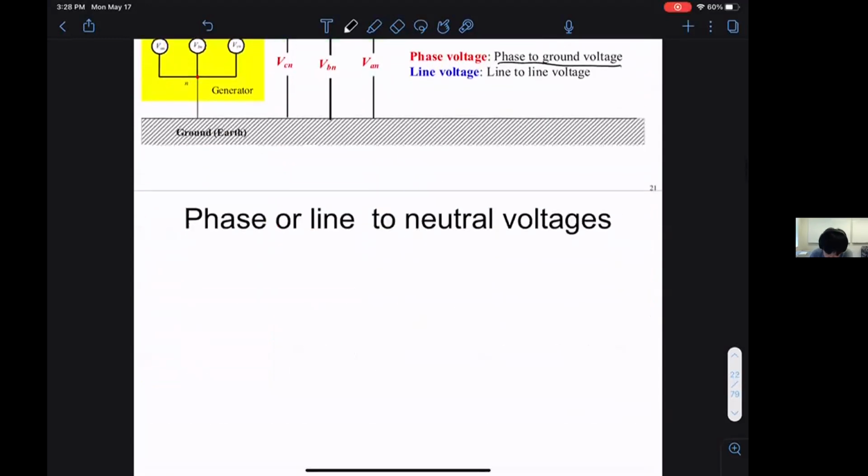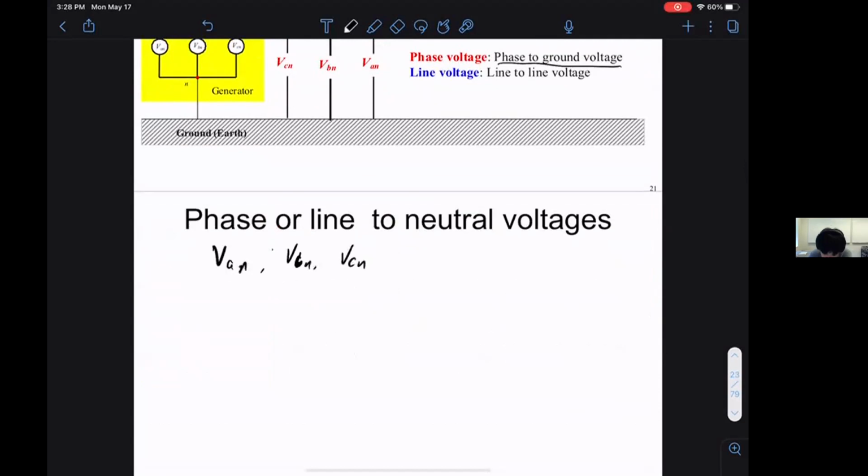If you talk about phase voltage, these are things like VAN, VBN, VCN. The N stands for neutral. There are two names for this: either the phase voltage or the line to neutral voltage. Then we write the phasor notation.